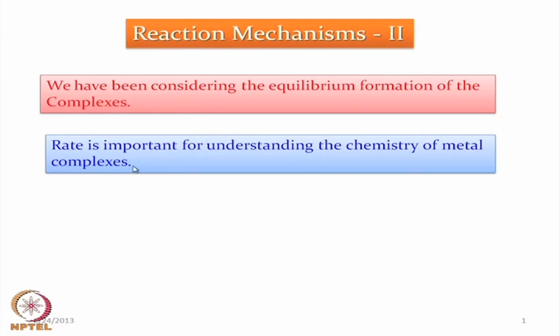So we will just utilize what we consider as the rate, that means the rate of the reaction, whether it is very fast or very slow, at which the metal ion is reacting with the ligand.